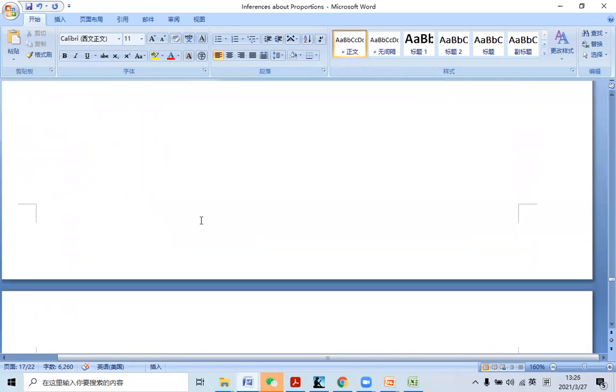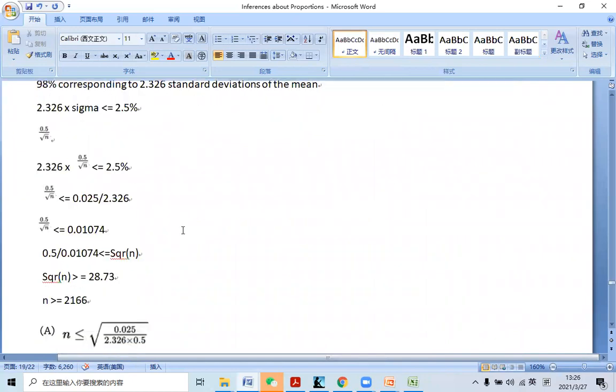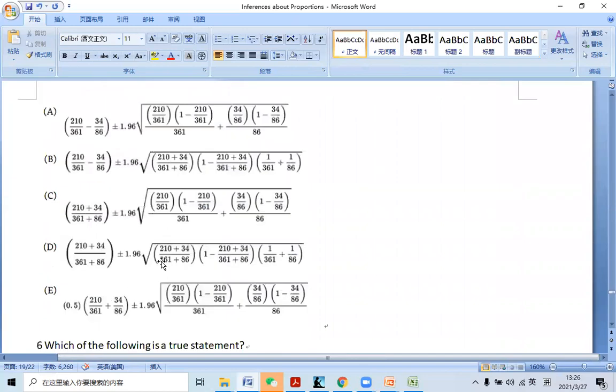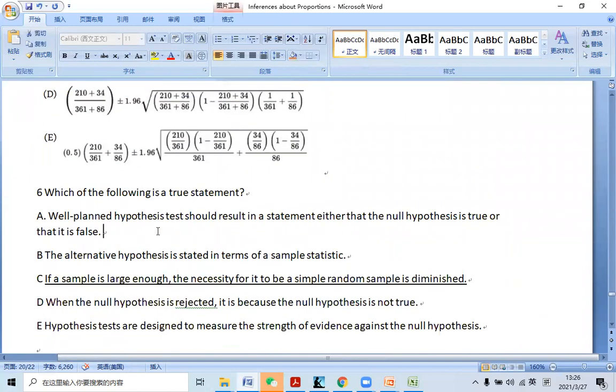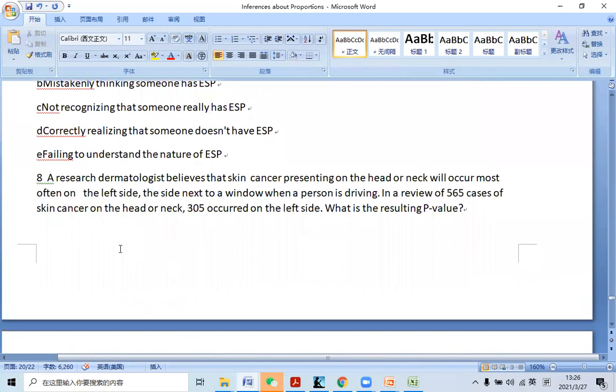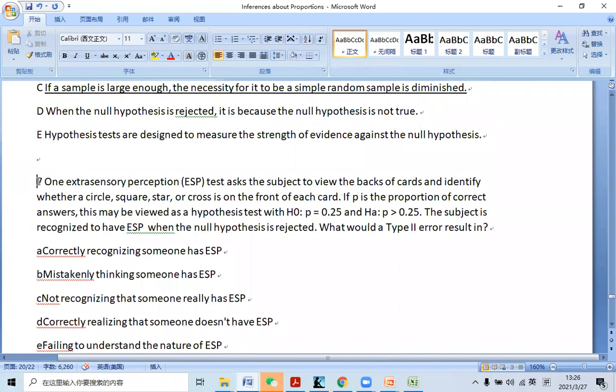Okay, let's look at the quiz questions. We went through some of the quiz questions last time. We were doing question 6, and we did question 7. We did question 7 already, but let's review question 7. Question 7 is really interesting. This one is about extrasensory perception.